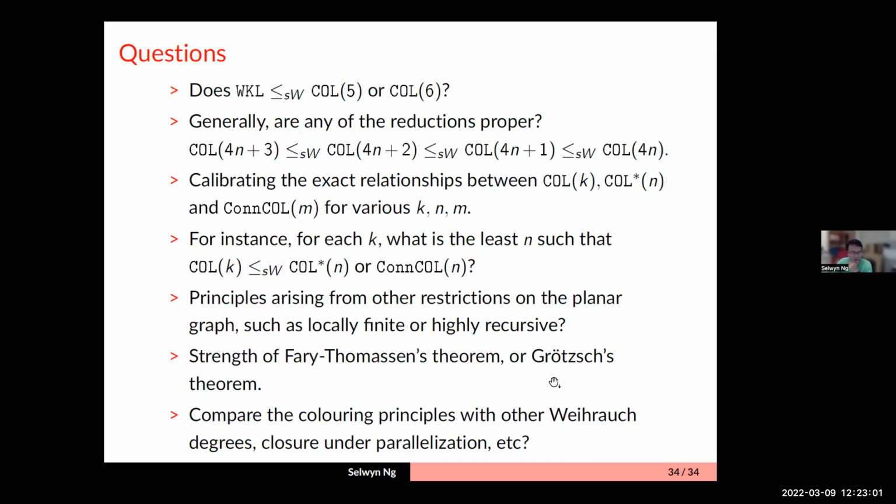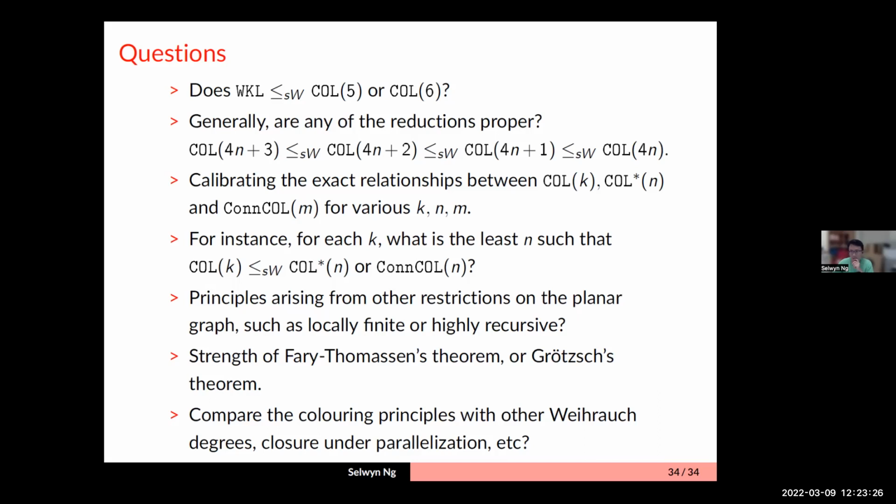So perhaps this is not a good example. I just wrote down the first thing that I thought of, but there are other things that I think would make sense.